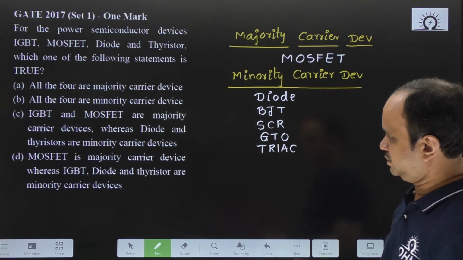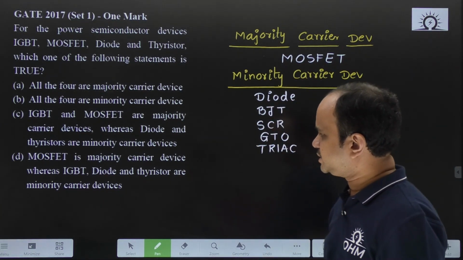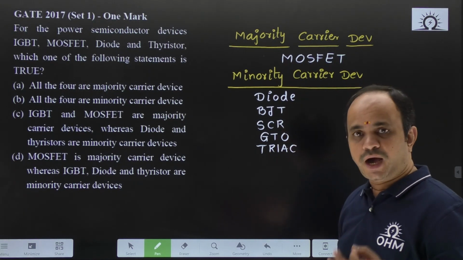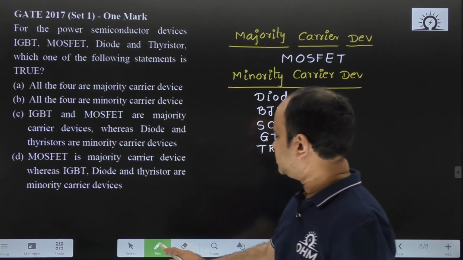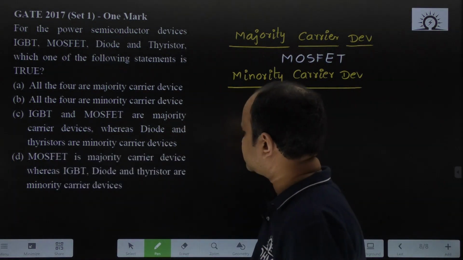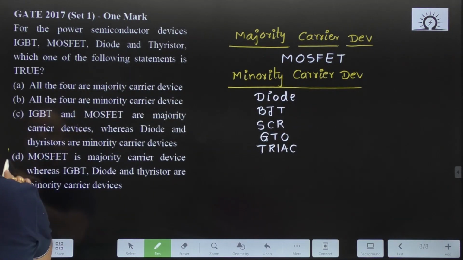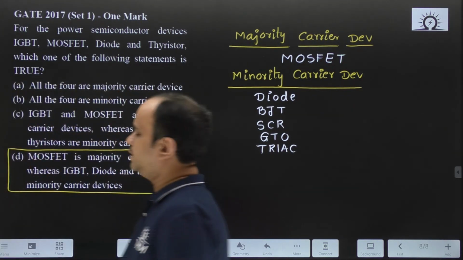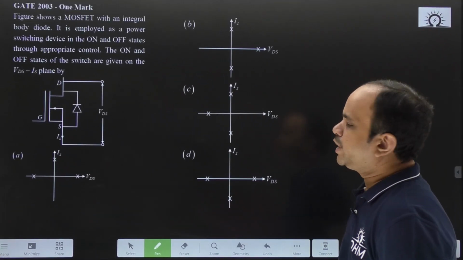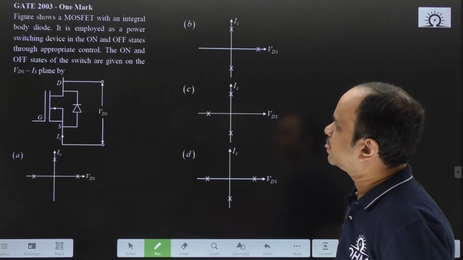Therefore, MOSFET is a majority carrier device, whereas IGBT, diode and thyristor are considered as minority carrier devices. Therefore, for this question the correct answer is D.